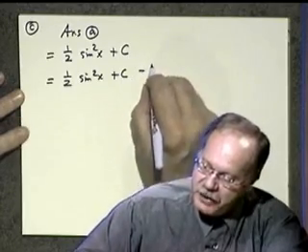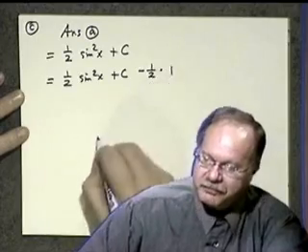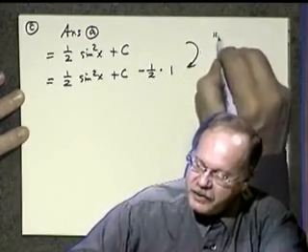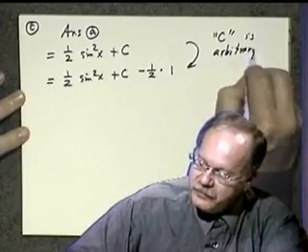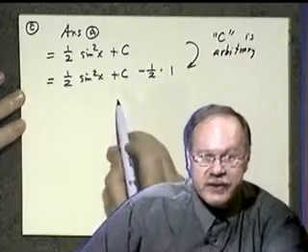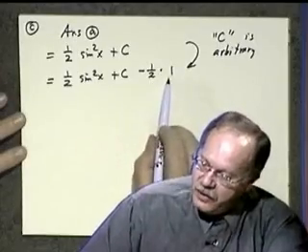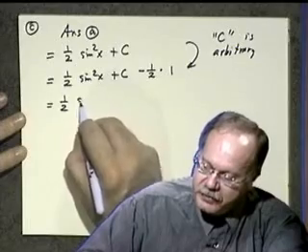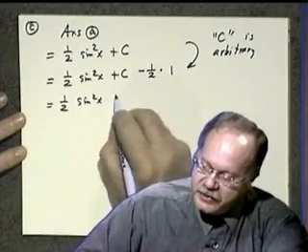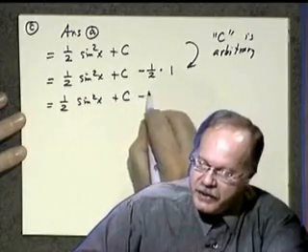I'm going to put in minus 1/2 times 1. And this is all because c is arbitrary. And I could lump this back together into 1c if I wanted. The reason for me bringing this up, you'll see in a moment. 1/2 sine squared x plus c minus 1/2.